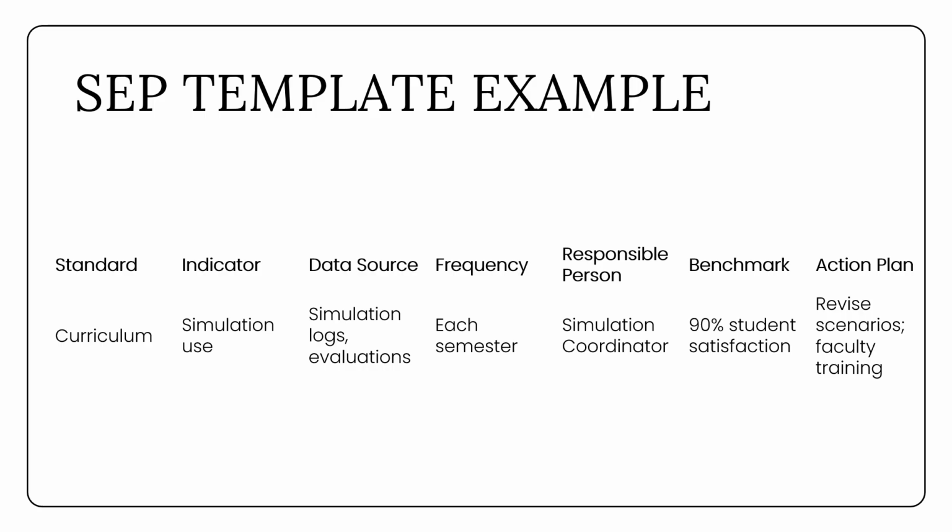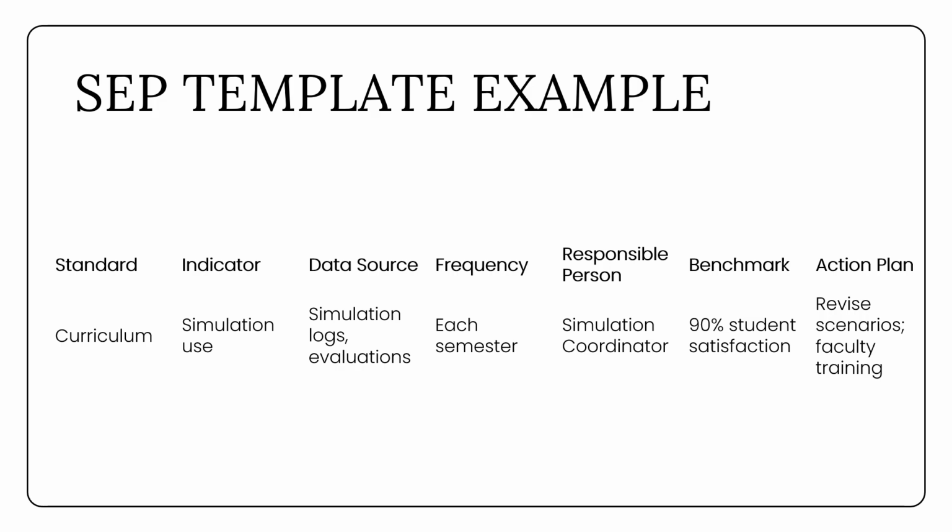The data source column identifies where the information comes from, such as your simulation logs, evaluation forms, or faculty development records. The frequency column specifies how often the data will be collected. Is it each semester, annually, or biannually? The responsible person column identifies who is accountable for collecting and analyzing the data.